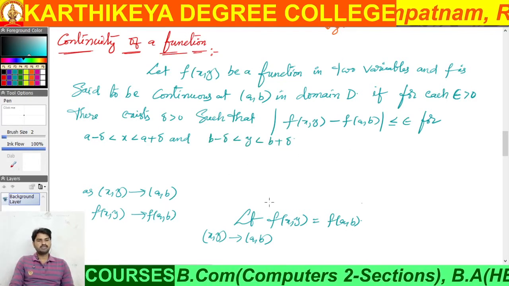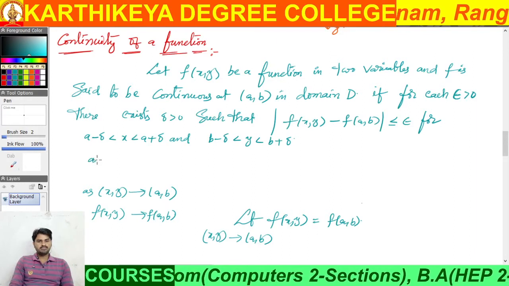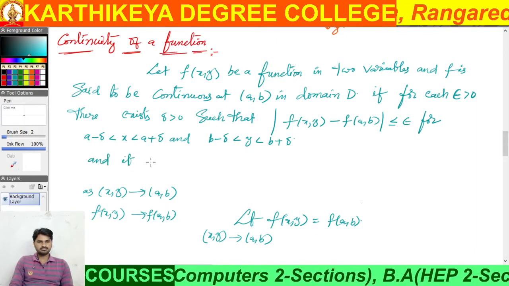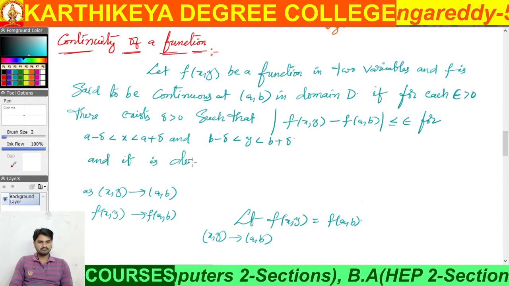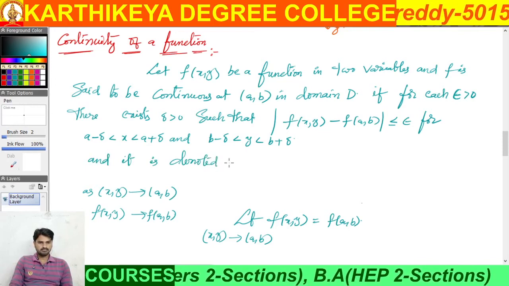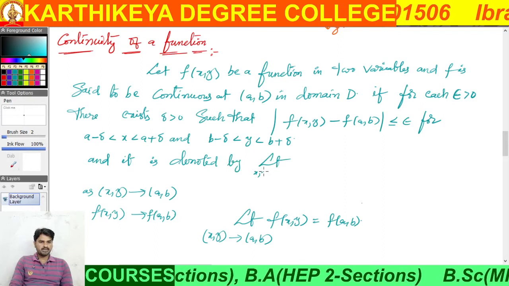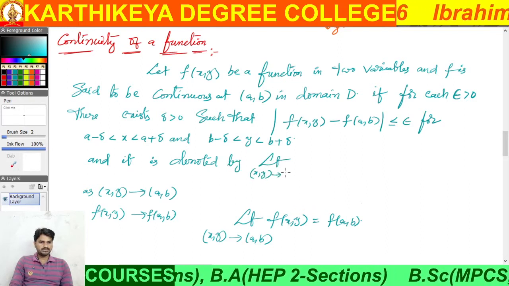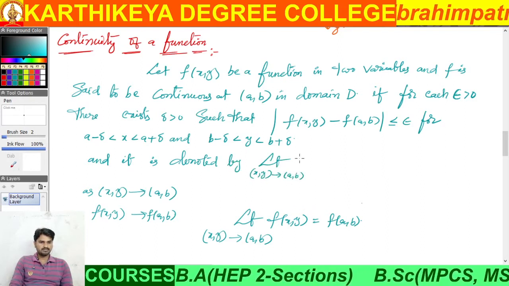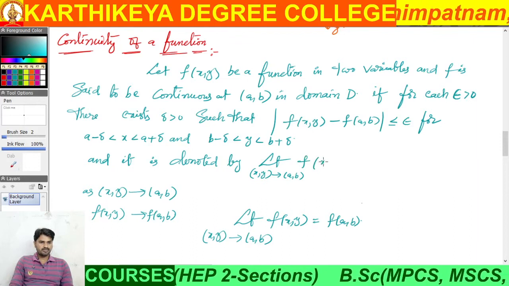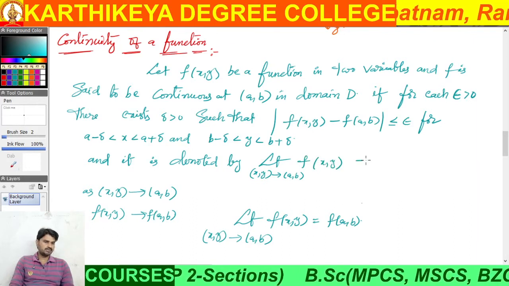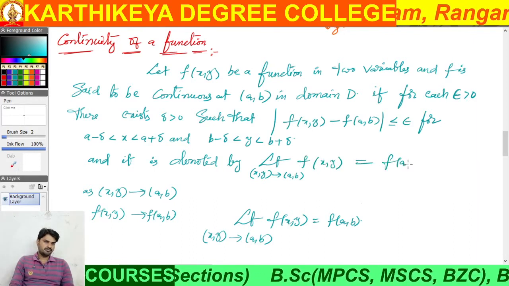Okay, this is the definition, and it is simply denoted by the limit as (x, y) tends to (a, b) of f of x, y equals f of a, b.